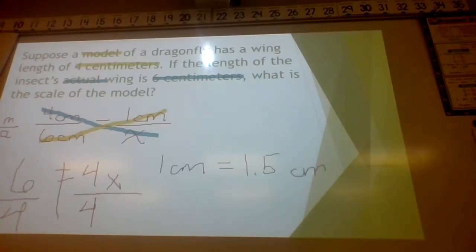That's your scale. Okay? That makes sense? Completely confusing one? Are you ready to try another one? You divide 6 by 4.